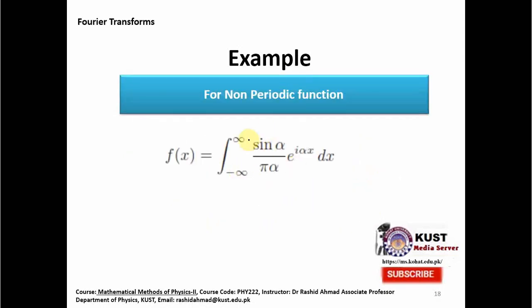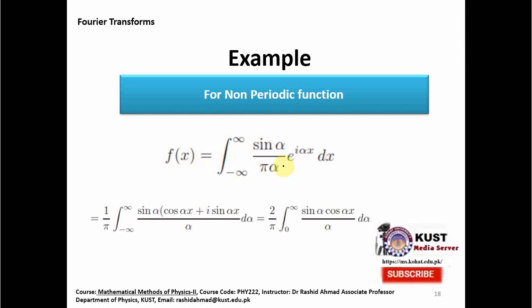Then we put back this g of alpha value into f of x, and now we have the kind of integral defined for f of x. Although this function was non-periodic and discontinuous, we were able to use the Fourier transforms for it, and we were able to calculate g of alpha and put it back over here.